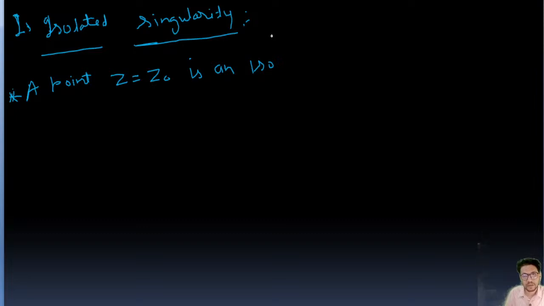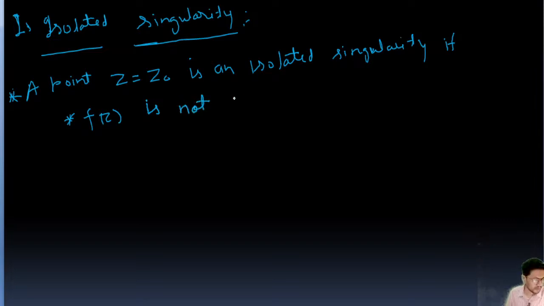A point z equal to z naught is an isolated singularity if, first, f(z) is not analytic at z equal to z naught.